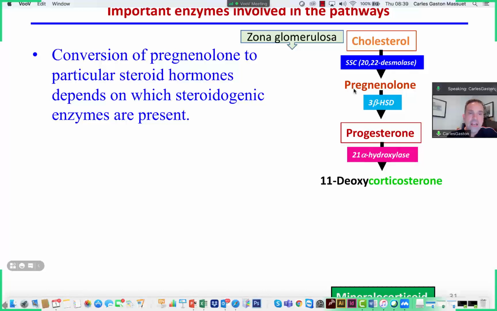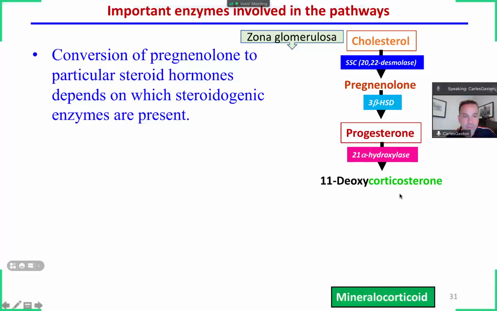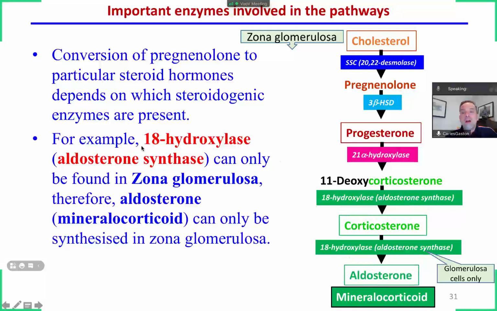This converts it to pregnenolone, and then 3-beta HSD converts it into progesterone, and then 21-alpha hydroxylase converts it into 11-deoxycorticosterone. For example, 18-hydroxylase, aldosterone synthase, can only be found in the zona glomerulosa. Therefore, aldosterone, which is the mineralocorticoid, can only be synthesized in the zona glomerulosa.